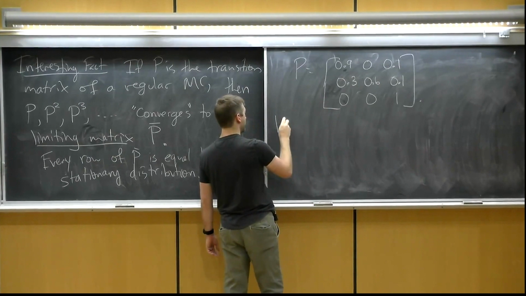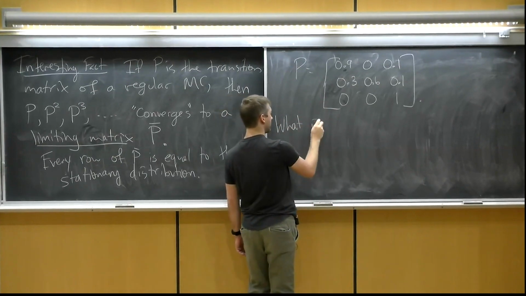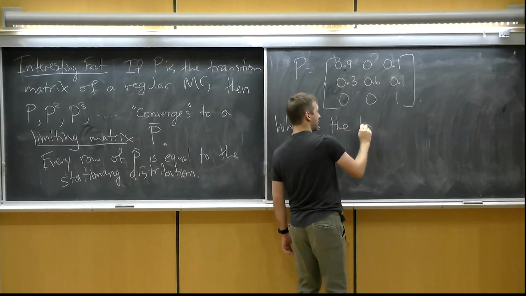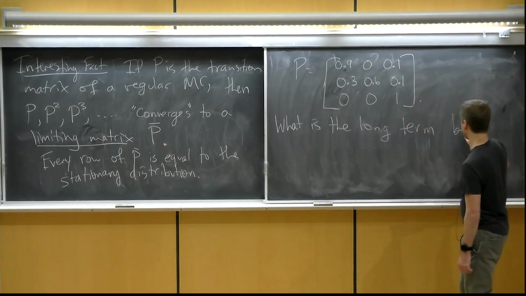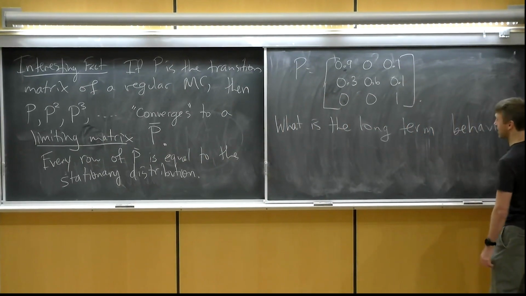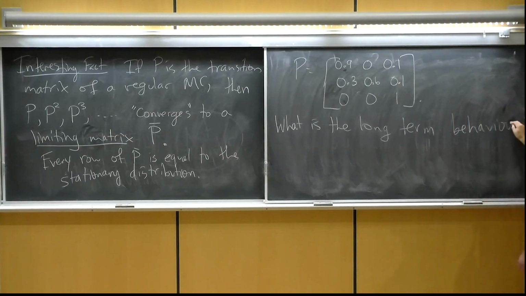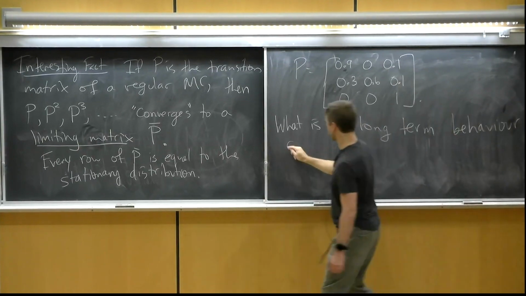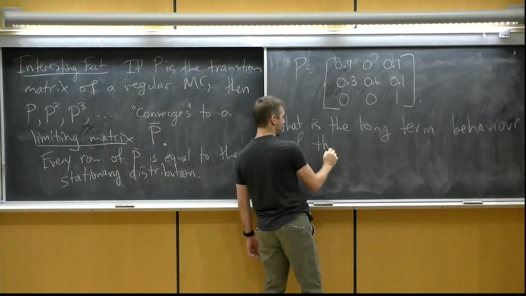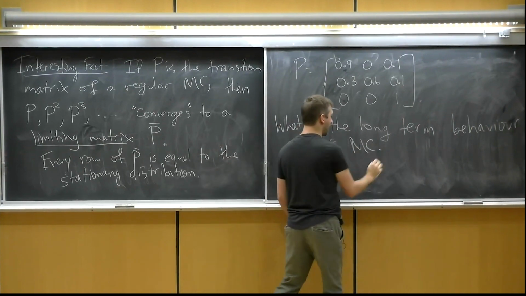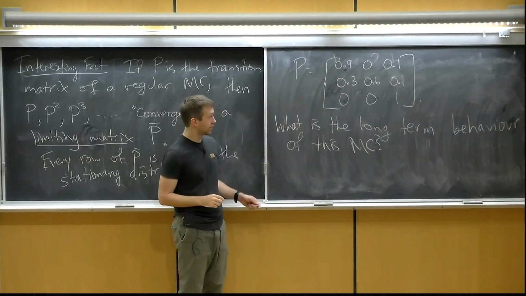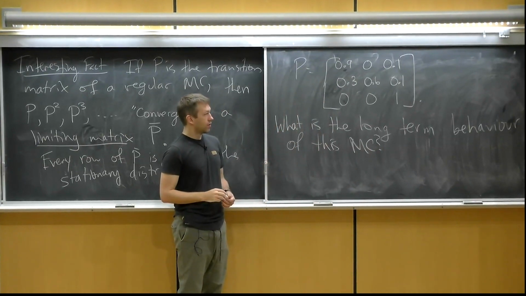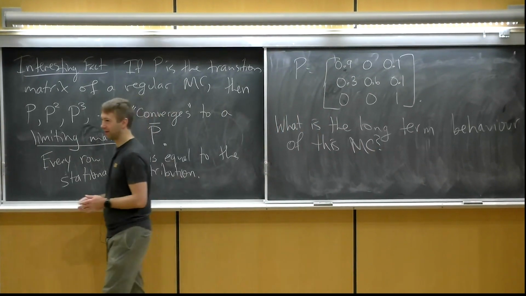And here's my question. What is the long-term behavior? So this is just kind of testing your intuition here. So let's say I've got a Markov chain with this transition matrix. And my question is, what is the long-term behavior?